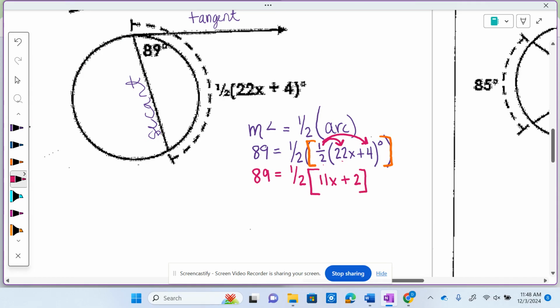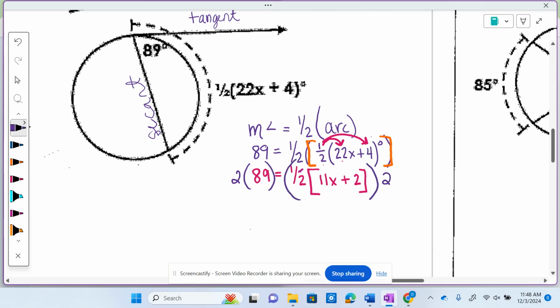Okay, so I can do the next parenthesis with distribution. Or what could I do to get rid of that fraction? Multiply both sides by 2. Multiplying by 2 gets rid of a fraction, right?